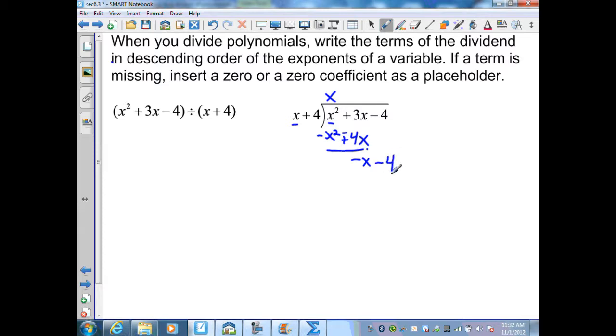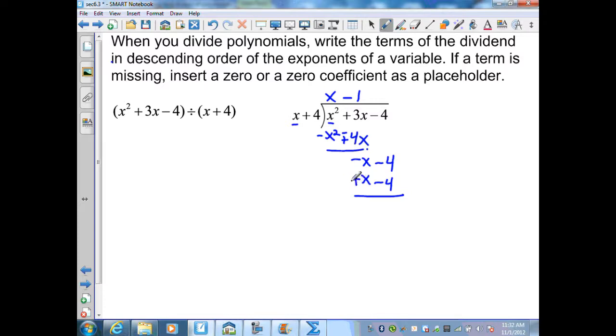Again, I want to concern myself only with the first terms. X times what gives me a negative x? That would be a negative 1. Now I distribute. A negative 1 times x is a negative x. A negative 1 times 4 gives me a negative 4. Again, as in my previous numerical and monomial examples, I want to change the signs, but here I'm going to change both signs.